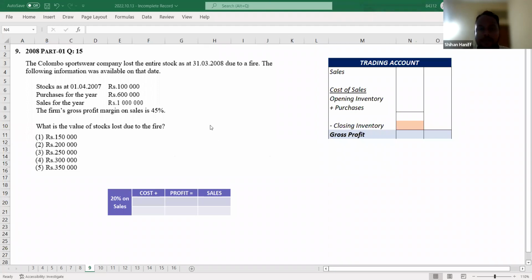Right. Do this question. I want everyone to give the answer. Okay. We have done a lot of similar questions, so you should be able to do this.